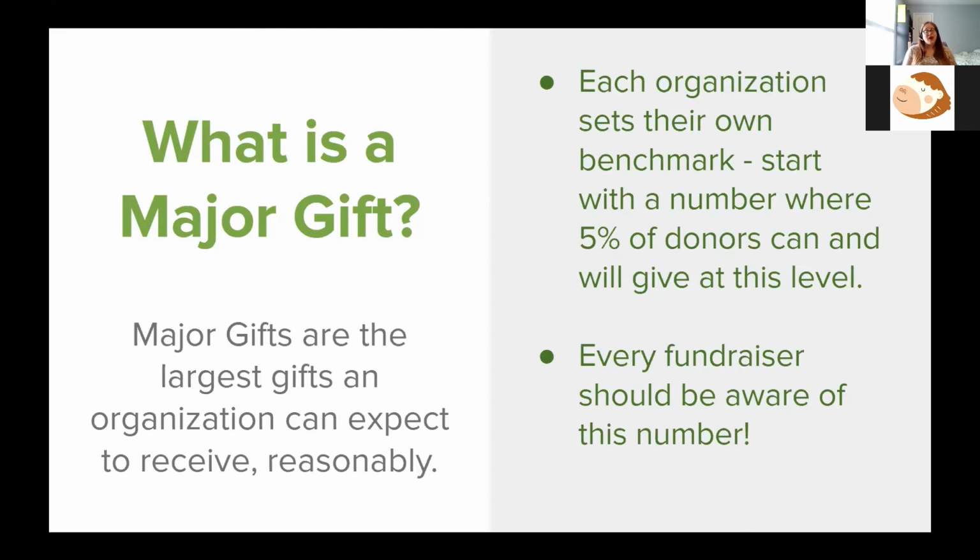A good place to start is 5% of your donors can and will give at that level. So if your number is $1,000, that's perfectly fine. And you can scale this whether you're a large organization or a small organization. So even if you don't have a major gifts officer, a formal program, formal moves management steps, that's okay. You can pick one or two people and start working on that relationship and solicit major gifts.